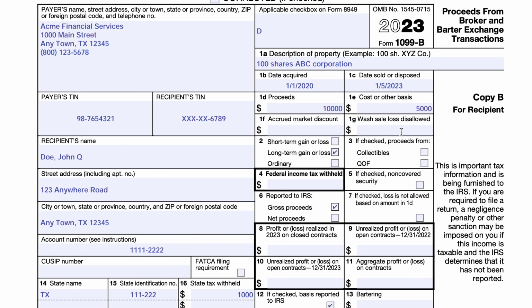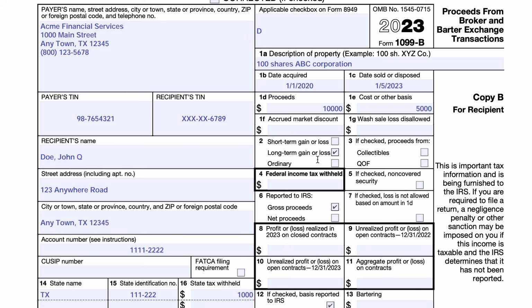So the IRS actually requires brokers that are able to capture characteristics of a wash sale to report them on Form 1099-B. So in this case, we have no wash sale loss, so we don't have to worry about that.